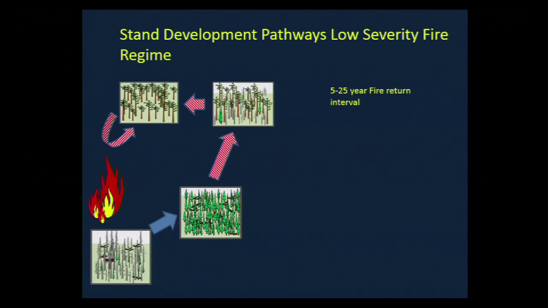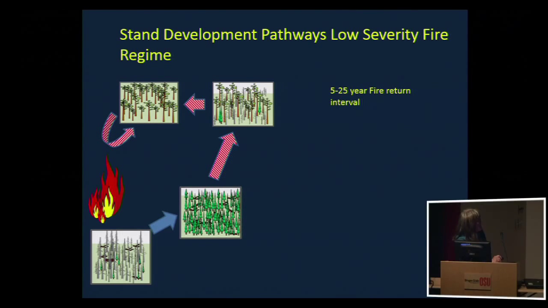The generalized pathway in this type, because of the really frequent fire return interval, really gives us forests that are very open and probably somewhat limited in diameter diversity and also very limited in coarse wood.